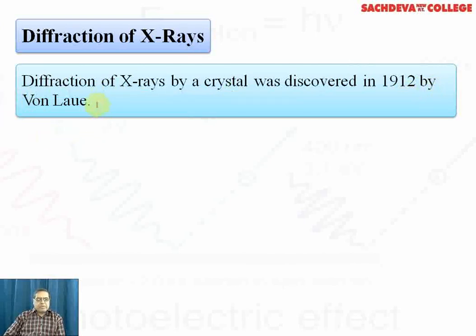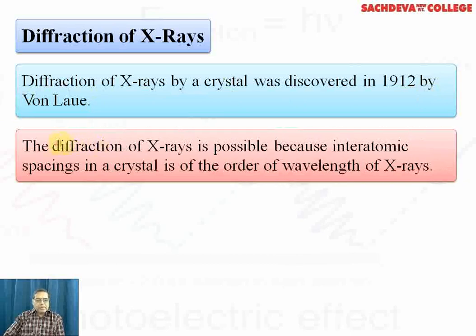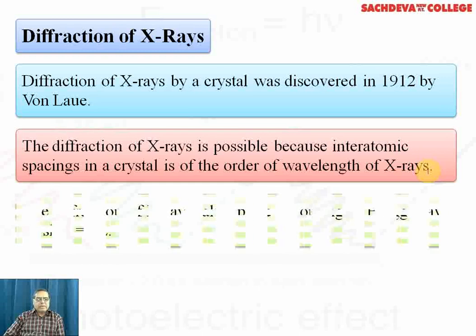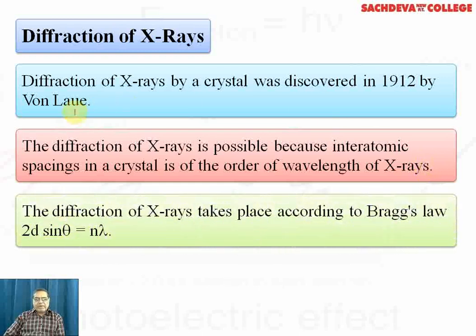Basically he explained the Laue spots. The diffraction of X-rays is possible because interatomic spacing in a crystal is of the order of the wavelength of X-rays. That is, interatomic spacing will be about 1 angstrom unit because the wavelength of X-rays is found to be 1 angstrom unit. The diffraction of X-rays takes place according to Bragg's law, as I have suggested.